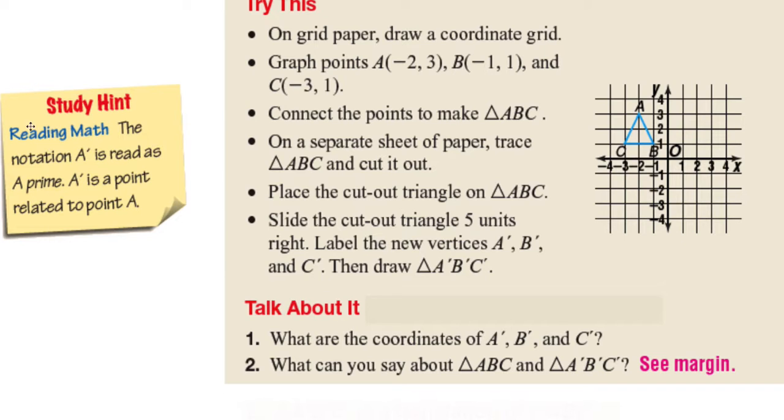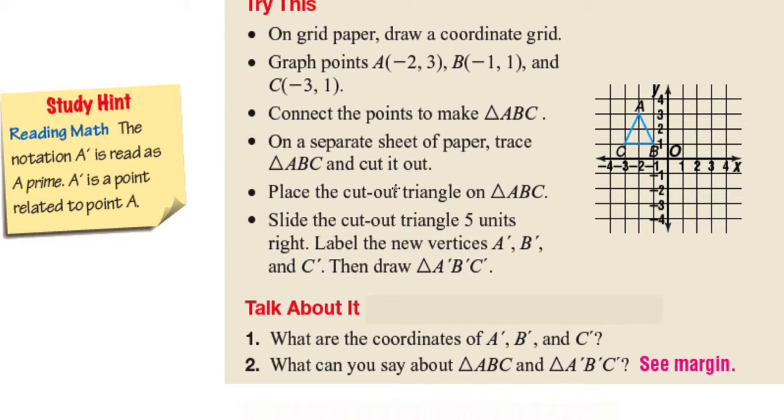The notation A with an apostrophe is read as A prime. A prime is a point related to point A. That's the reason why it's called A prime. Again, we want to slide the cutout triangle 5 units to the right.